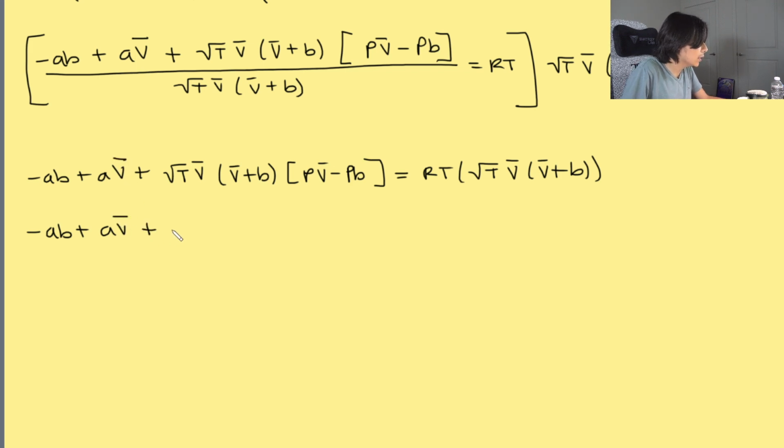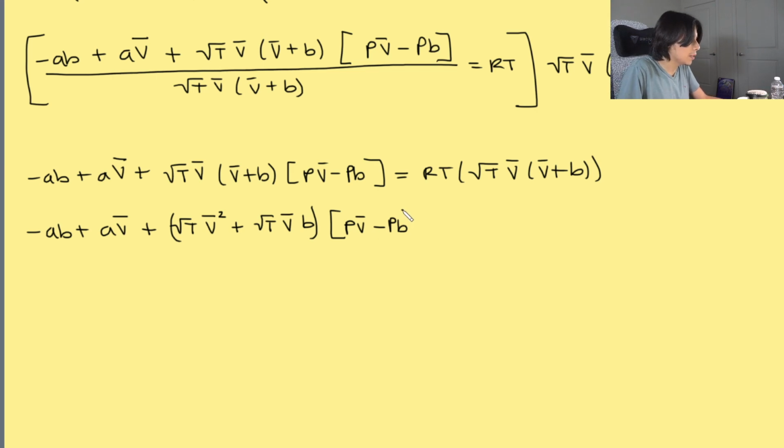So this should be square root of t v bar times v bar. Well, that's just v bar squared. And then plus square root of t v bar b. And then all of that has to be multiplied times pv bar minus pb.